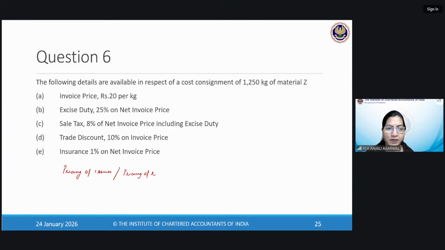So whatever raw material you receive in your organization, how are you going to price the receipts? There is one very fundamental concept in costing. Any normal loss has to be absorbed by good units.